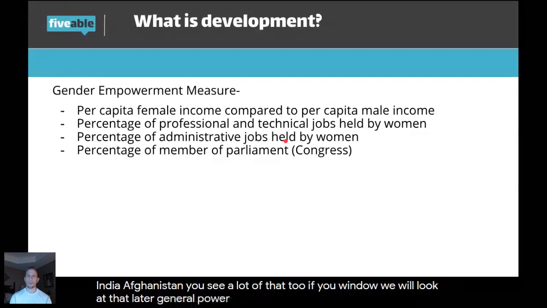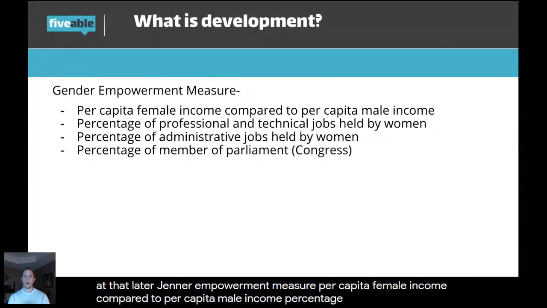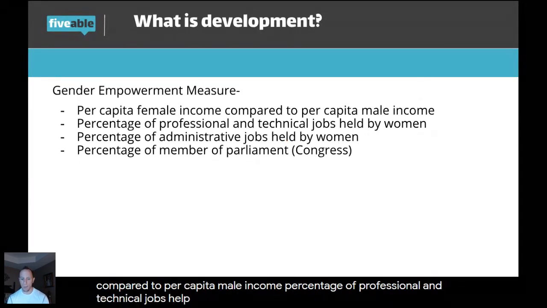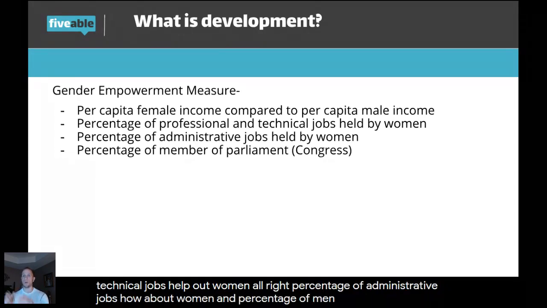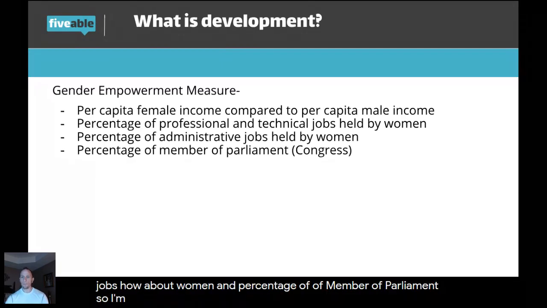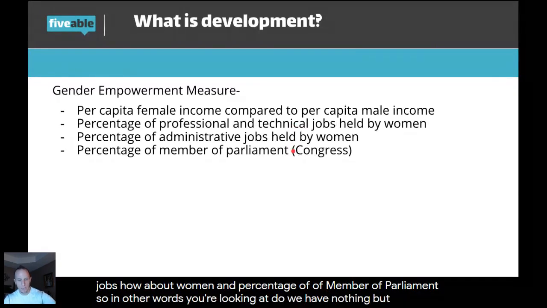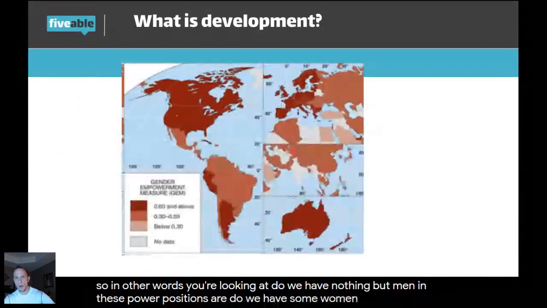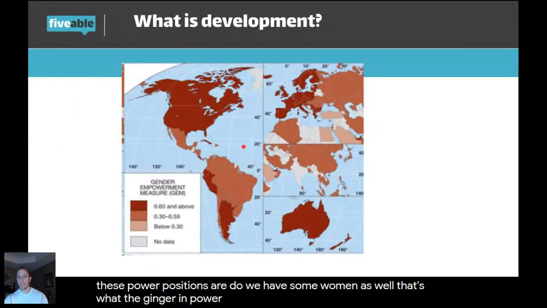Gender empowerment measure: per capita female income compared to per capita male income, percentage of professional and technical jobs held by women, percentage of administrative jobs held by women, and percentage of members of parliament. So, in other words, you're looking at, do we have nothing but men in these power positions, or do we have some women as well? That's what the gender empowerment measure is. And look at this, 0.6.